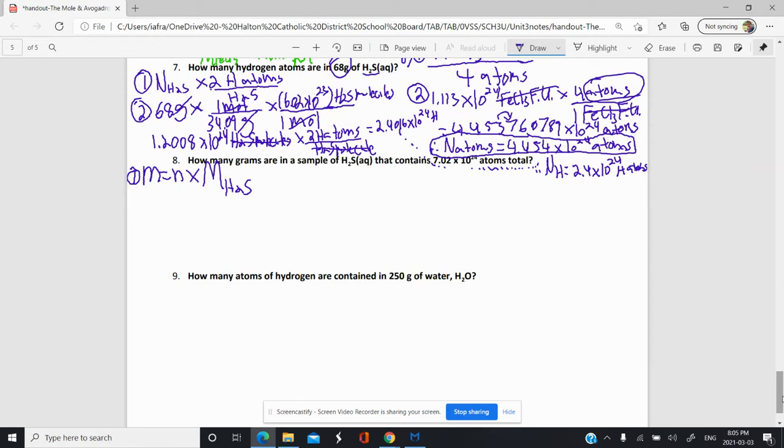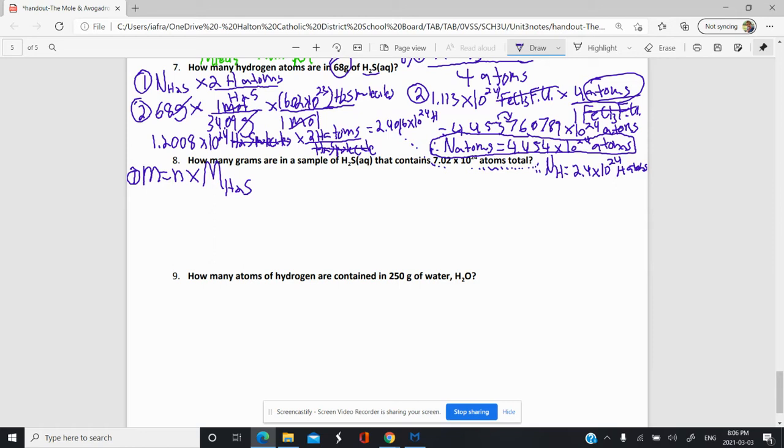Okay, so we know that. Let's just make a little plan here of what we're doing. We need to go from the number of atoms in H2S total all the way to mass. So we need to find the number of moles, but we don't have enough yet.